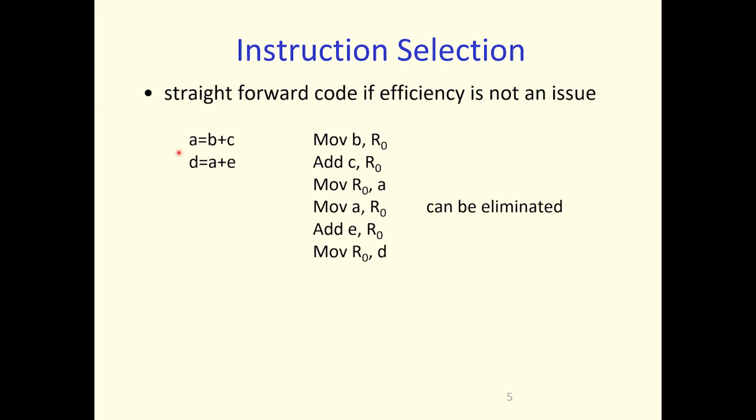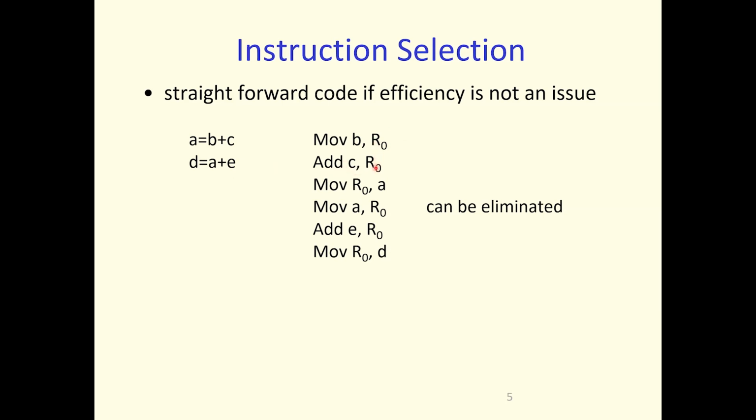So consider this very simple code: A equal to B plus C, D equal to A plus E. Assuming we have an instruction set where the second argument is a register, and it is also the result of the operation, you move B to R0, and then you add C to it.